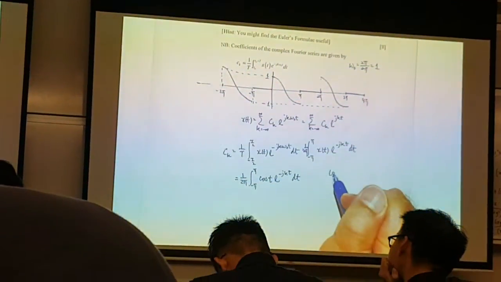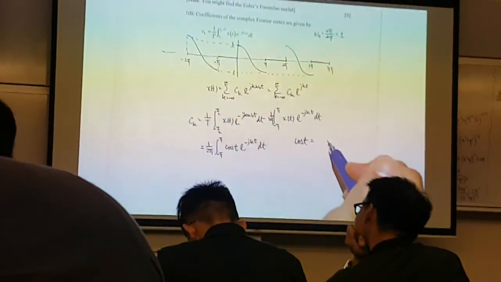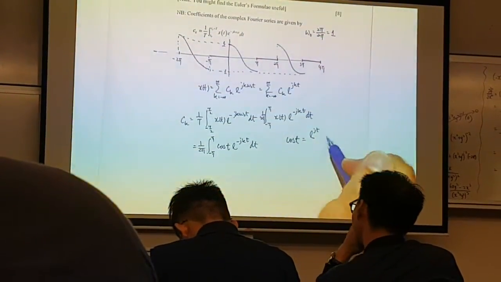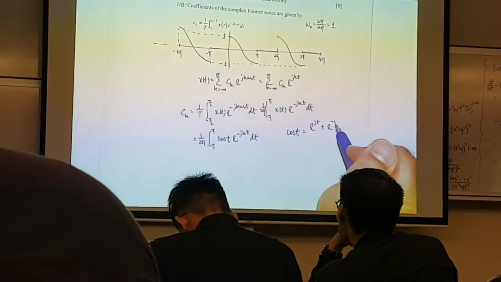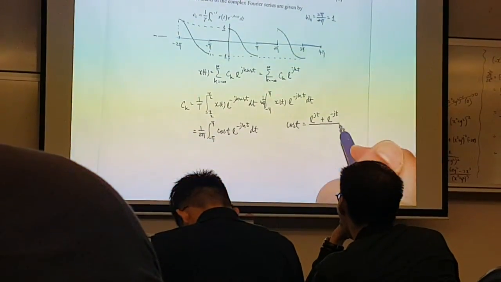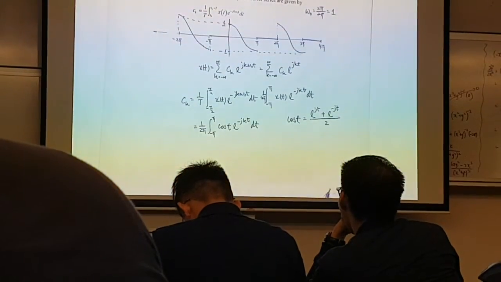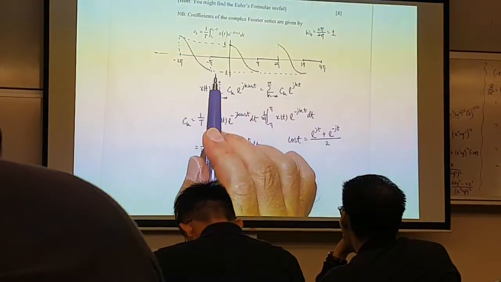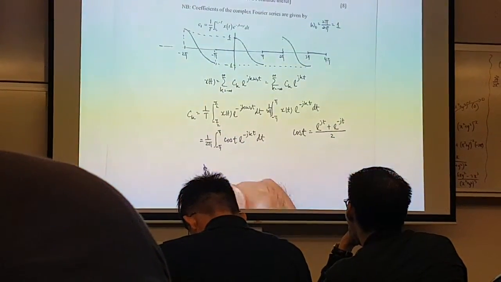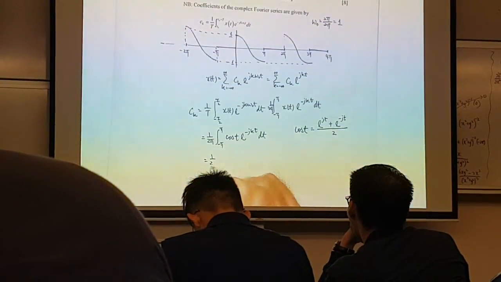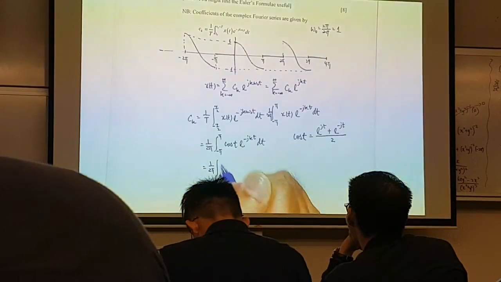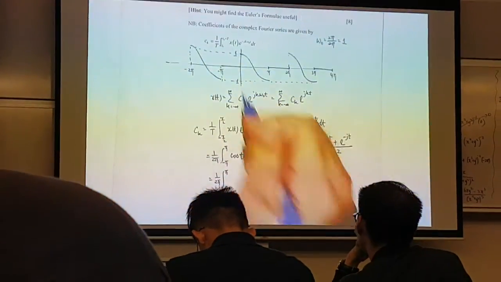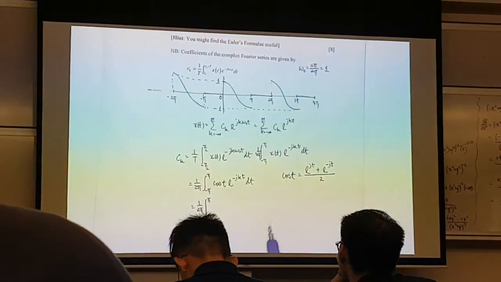If you remember, cosine t is equal to e to the power of jt plus e to the power of minus jt, divided by 2. From minus pi to pi, you do realize the signal only survives between 0 to pi. From minus pi to 0, the signal is equal to 0.